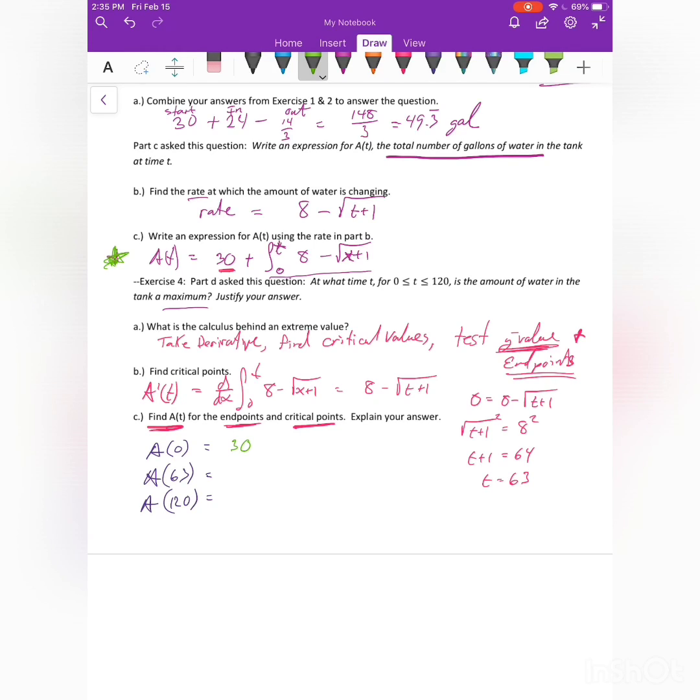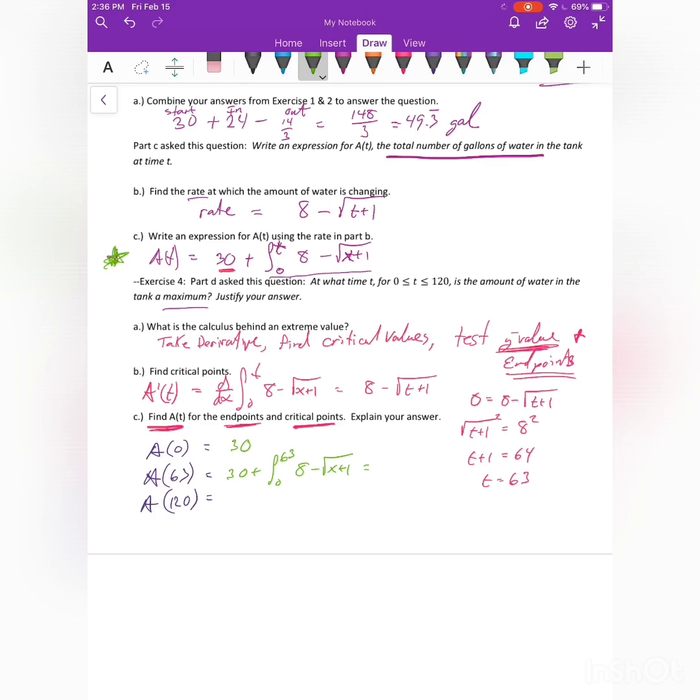So at 63, what you would do is plug in 63 for your time. And I apologize if I haven't shown you how to do a definite integral in your calculator yet, but I would definitely do that when I return. For now, you guys can set these up.